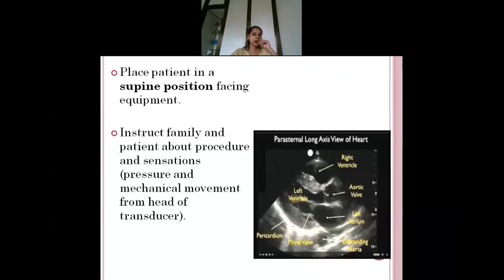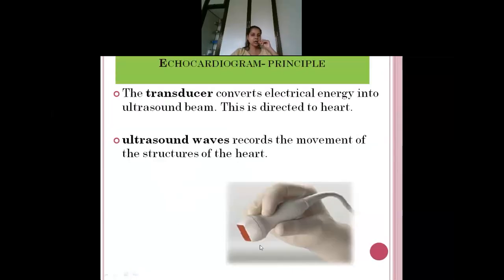Here you can see the figure of the echocardiogram. Once you are doing the procedure, the person will feel some sensations on the chest as you are moving the transducer. So this is a transducer. You put the jelly over it, and then you will place it on the chest.